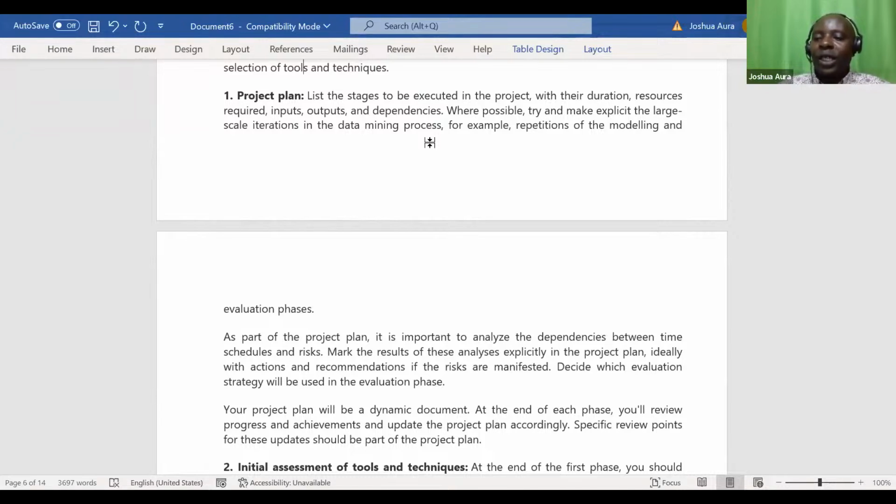As in quantitative analysis, come up with the activities and give us their durations. If you would want to, even draw a Gantt chart. Include resources required, inputs, outputs, and dependencies. Where possible, try and make explicit large-scale iterations.